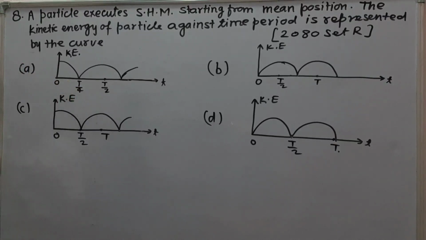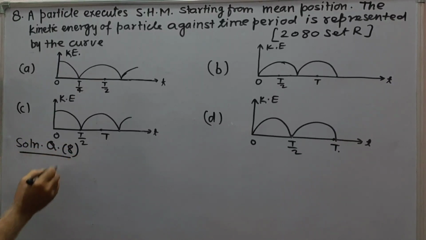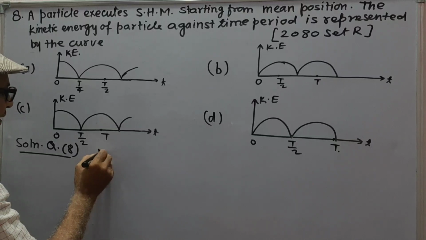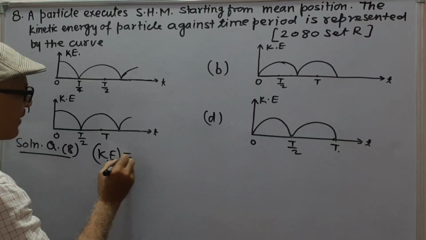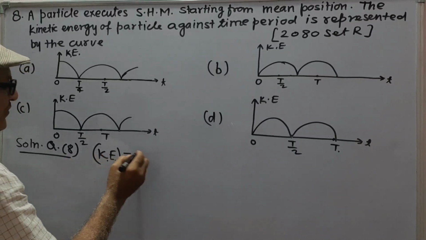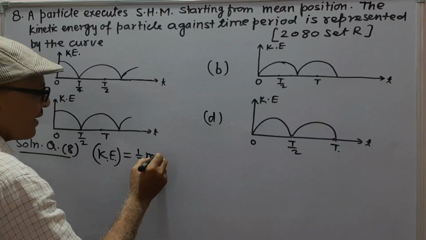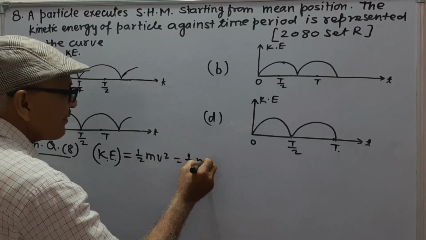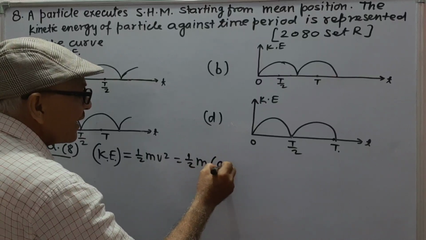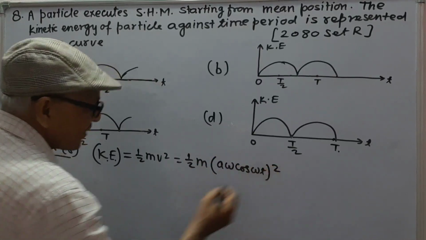These are the curves. So solution to question 8. Kinetic energy of particle executing simple harmonic motion is given by 1 by 2 m v square, where v is A omega cos omega t, whole square.